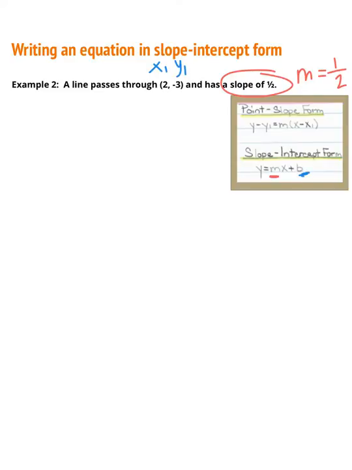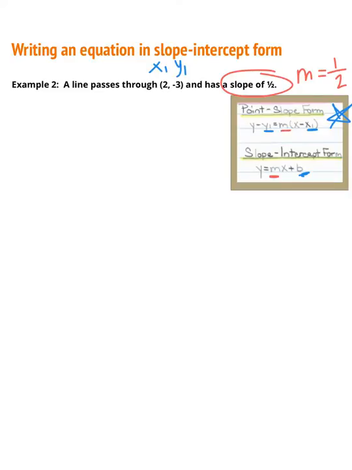In this case, it makes more sense to start with my point-slope formula because I do have that point, the x1 and y1 that I can plug in, as well as the m, the slope of 1/2.